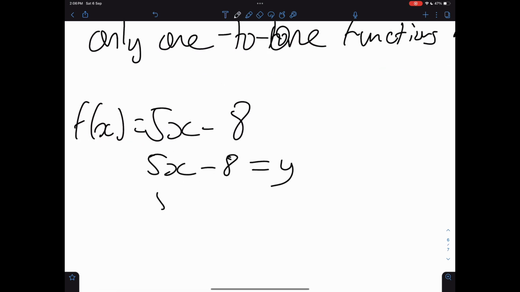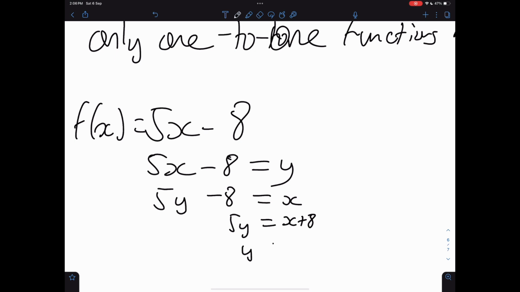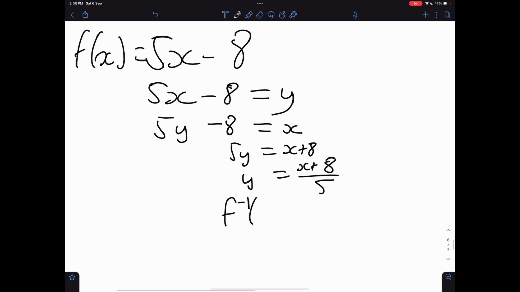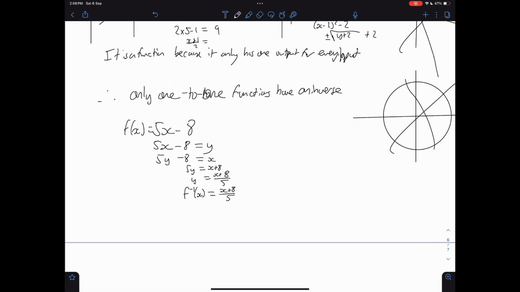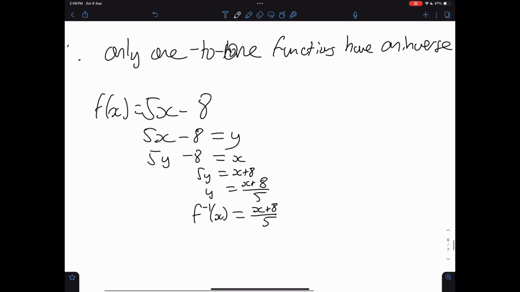Then I change x and y, and then I make y the subject. Then I finish off using the correct notation. We started with f of x, we must end with f inverse of x. That's essentially how you work out an inverse function. That's the easiest way to do it: you swap x and y, and then you make y the subject.